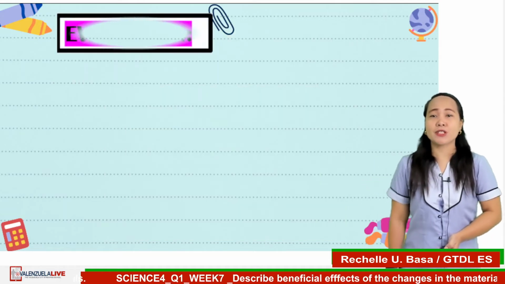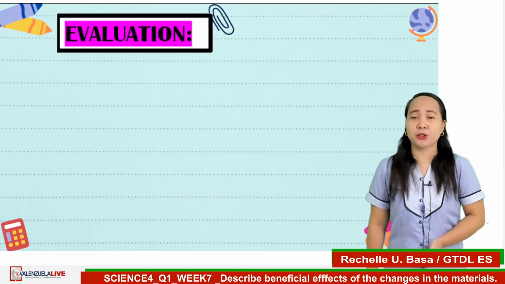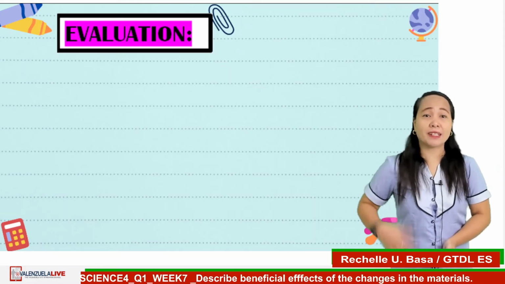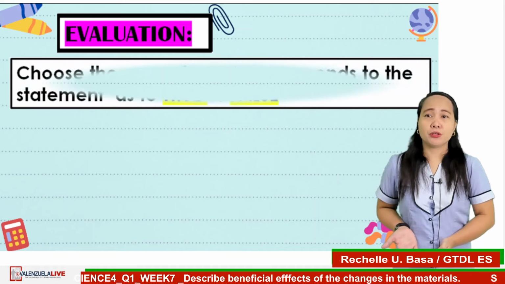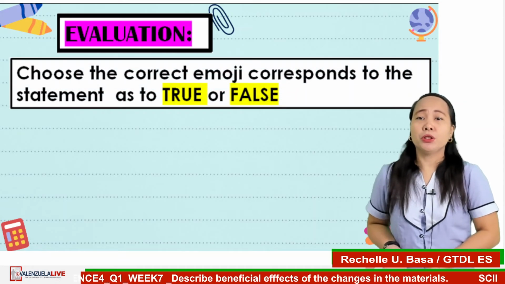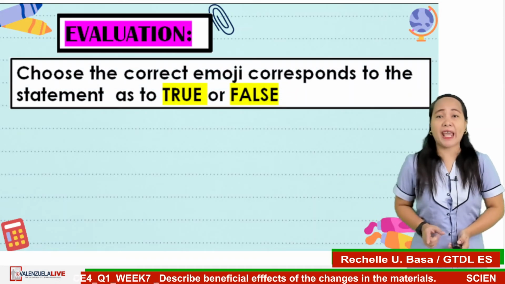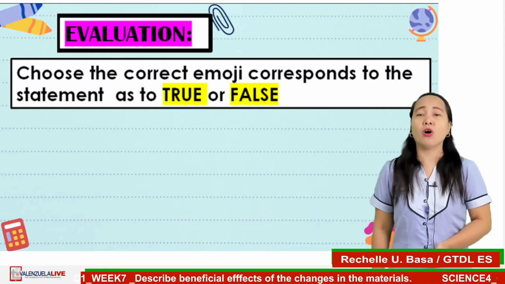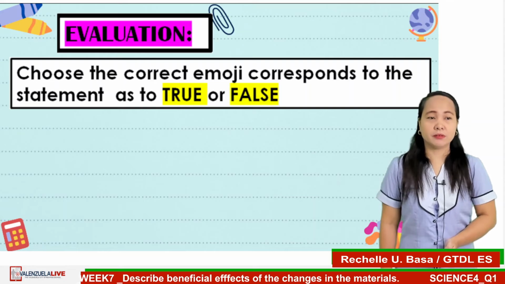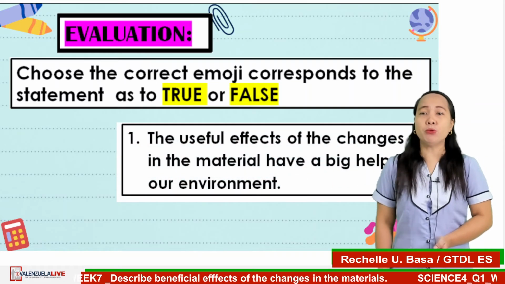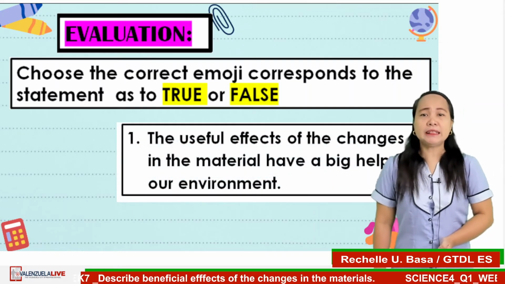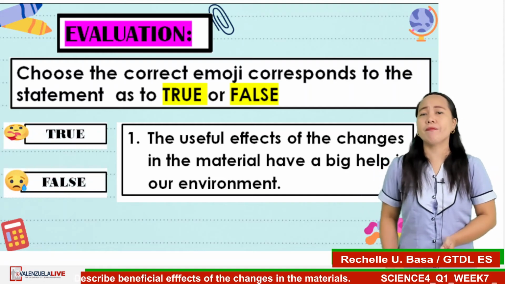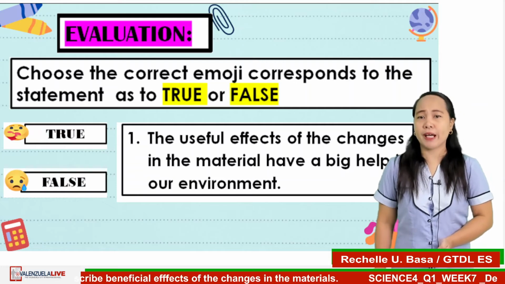Now, to assess whether you understood the discussion, let's have this evaluation. So in the evaluation, you are going to choose the correct emoji corresponding to the statement as to true or false. For number 1, the useful effect of changes in the materials have a big help in our environment.